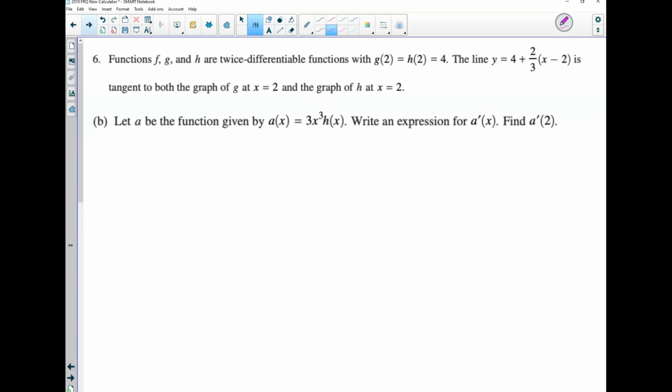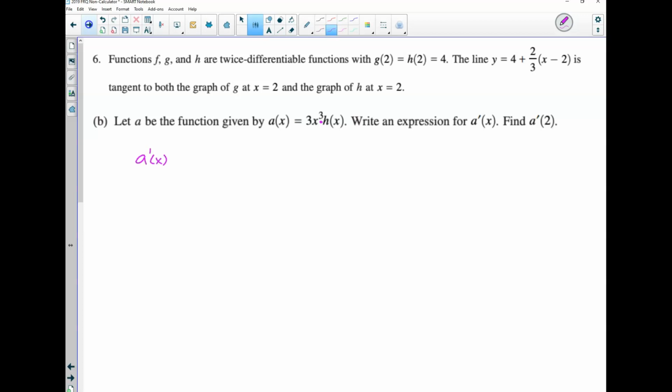Then, let a be a function given by a of x equals 3x to the third times h of x. Write an expression for a prime of x. This is a gimme. Can't miss these points. But you know what they're testing? Do you identify we have a product?